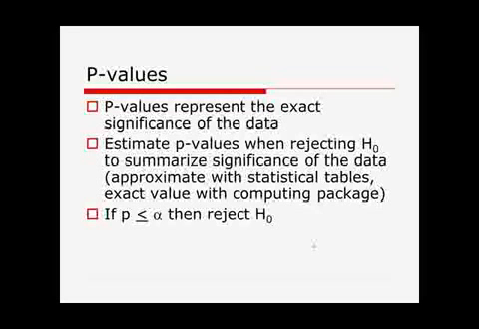If a p-value is less than or equal to alpha, now alpha is your level of significance that you choose, most of the time it's 5%, then you reject the null hypothesis in favor of your alternative. The p-value represents the likelihood of observing your data if the null hypothesis is true.